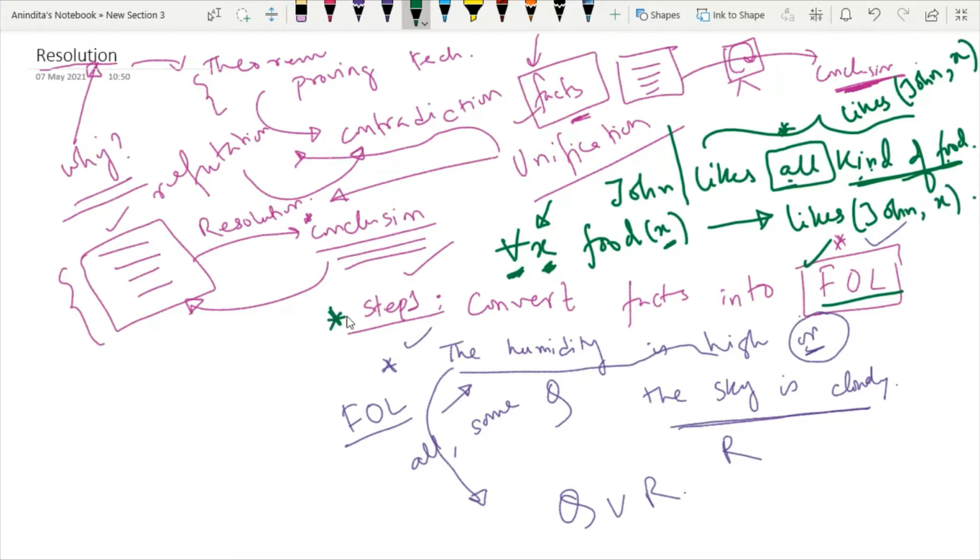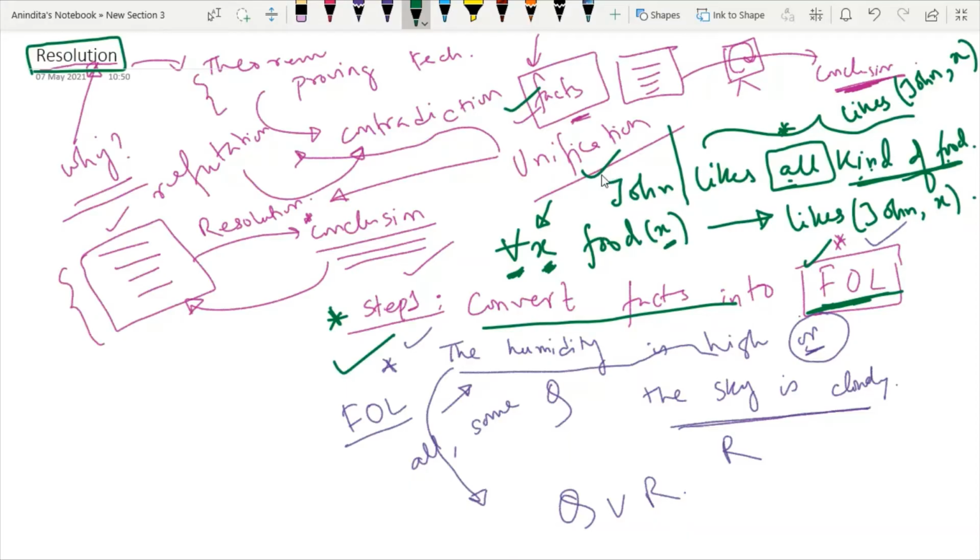Since step number 1 of the resolution algorithm states that we have to convert the given facts into first order logic, what kind of conversion we will use depends on what kind of statement is given.